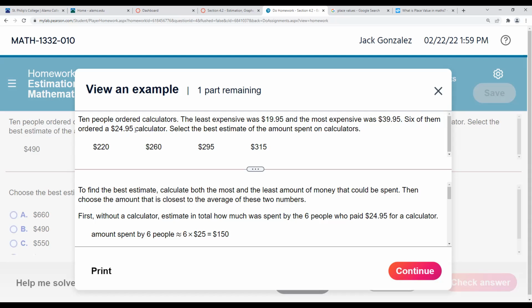Okay, so this example here, let me write this down. 10 people bought calculators, and 6 bought, I'm going to shorten this up, a $24.95 calculator.